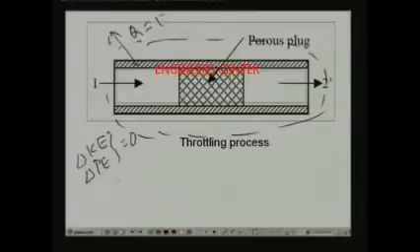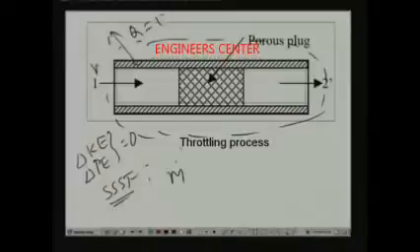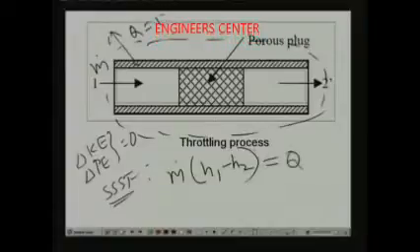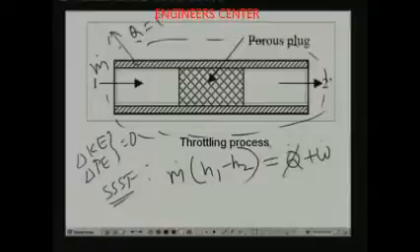Then I apply the steady state, steady flow equation to this control volume. So, what do we get? If m dot is the flow rate of the liquid, m dot into H1 minus H2 is equal to Q plus W. But we find here that there is no heat transfer, Q is 0, and there is no work production, so W is also 0.